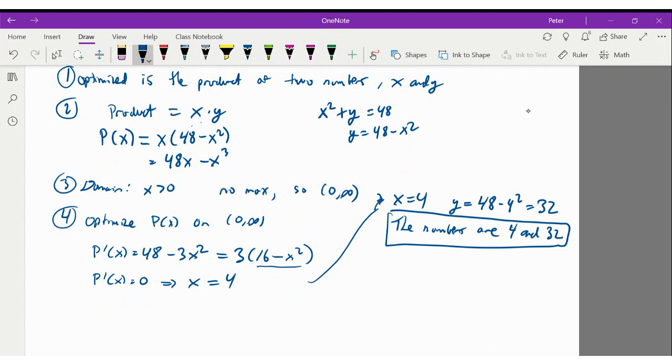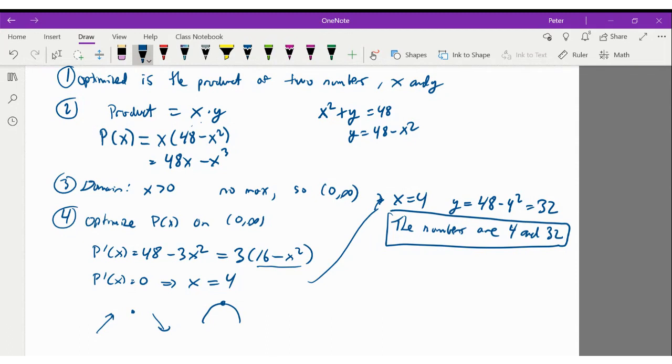Something is a maximum if it's increasing up to the maximum and decreasing downward. Or we might even be able to say that it's a maximum if it's sitting on top of a concave down function. So I should be able to validate in either of these ways that the number I found, x equals 4, is actually a maximum instead of a minimum.